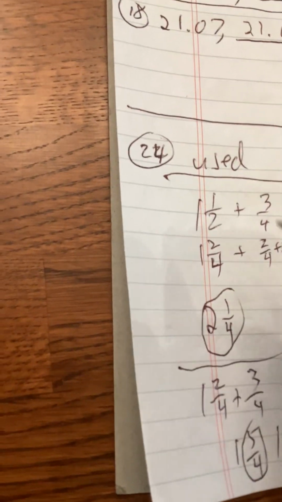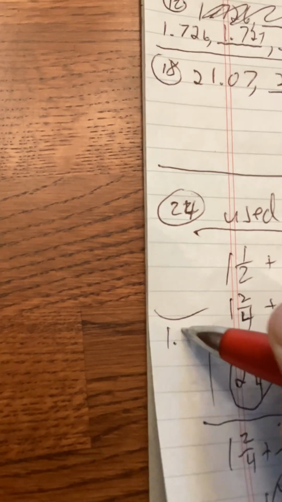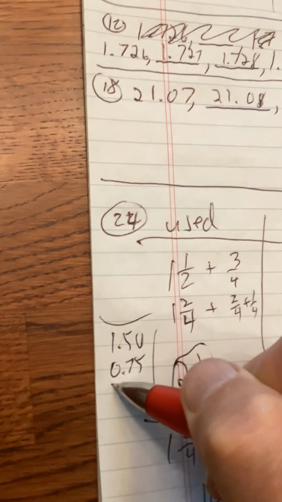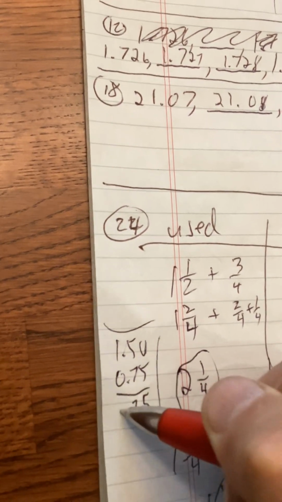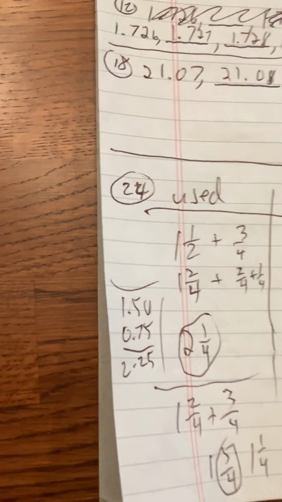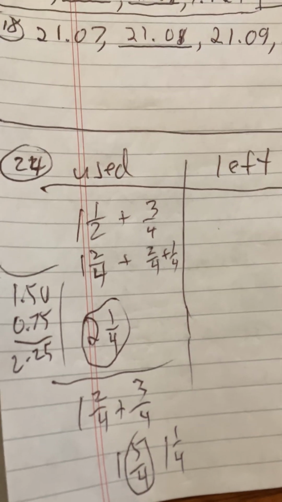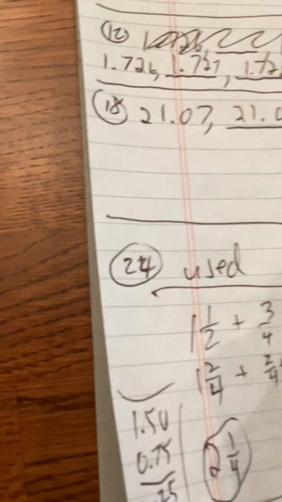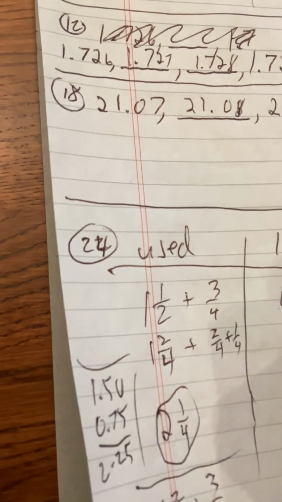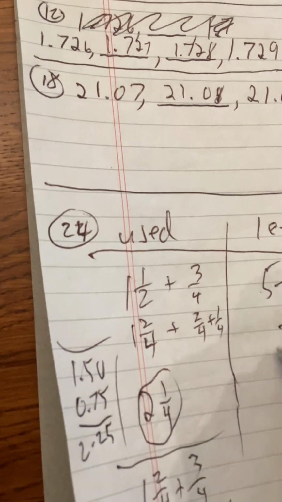And if I did it in decimals, I think it'd be the easiest. Let me box this off. That's 1.5, and that's 75, and you just add money. That's 2.25. To me, that'd be the easy way. It's just do decimals. And so how much is left? It's 5 minus 2 1/4. Well, that'd be 2 3/4, because this has to add up to 5.